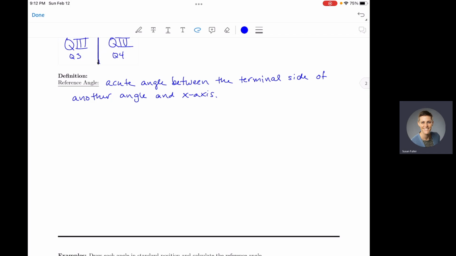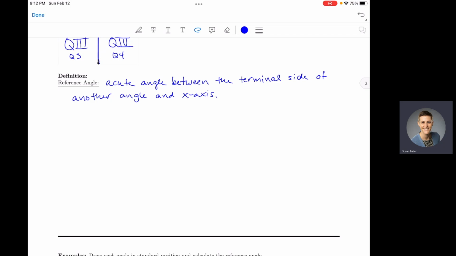So an angle is going to have a reference angle. The reference angle is the acute angle that the original angle's terminal side makes with the x-axis.